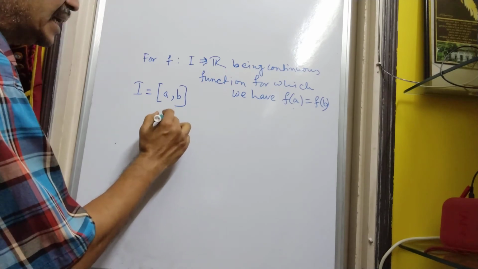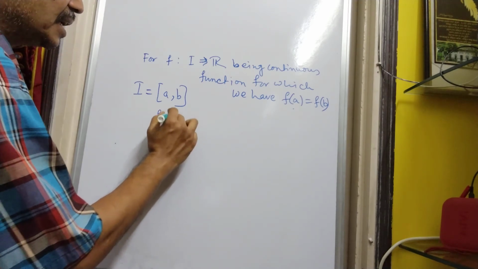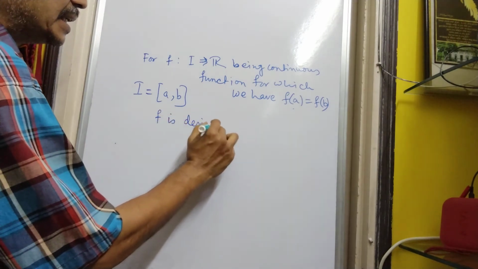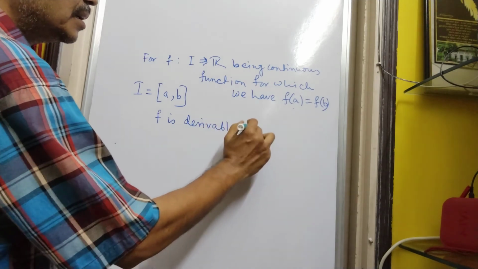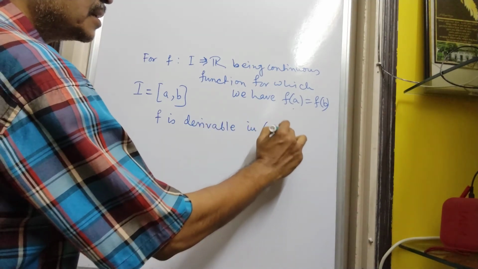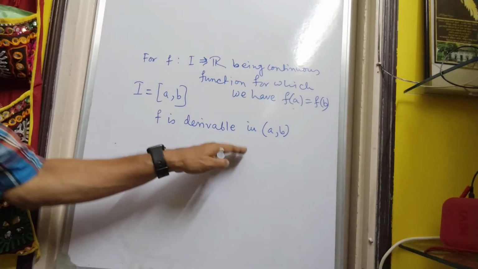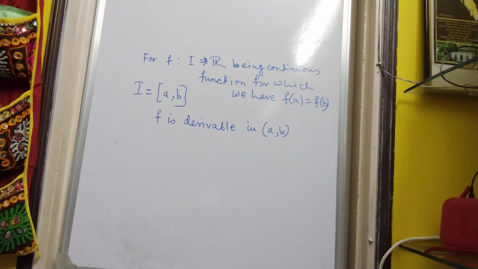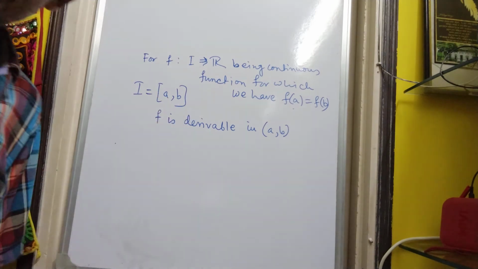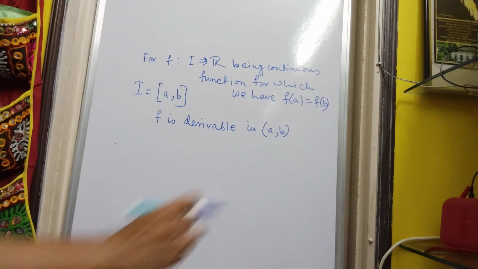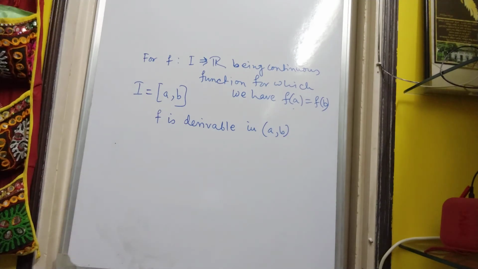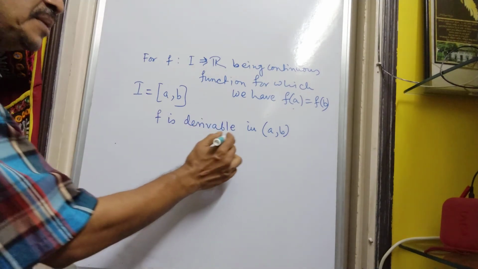If we assume that f is derivable in the open interval (a, b), we don't require this function f to be derivable at a and b. It may not be derivable at the endpoints, may not be smooth, but within that interval it is smooth. Smooth means we can draw a tangent, that means it is derivable.